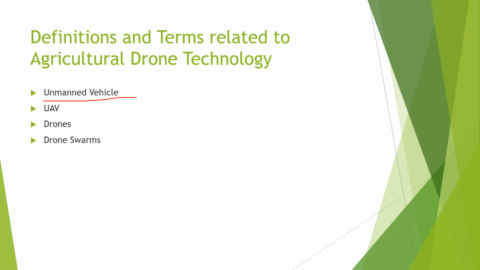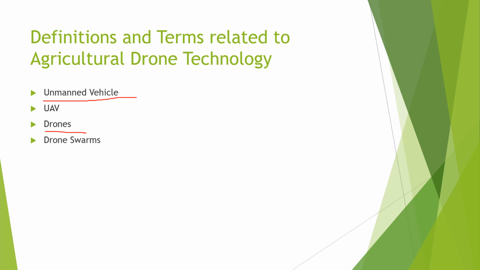Later we gave the name unmanned aerial vehicle. An unmanned aerial vehicle is a drone that flies on a predetermined path using coding or commands with the help of a computer. It is usually used to control the flight path of such vehicles. And the next one is the drone.